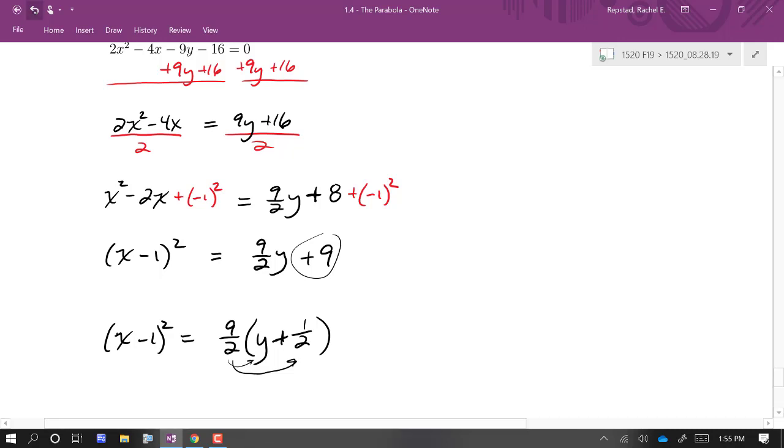So not a half. What do I multiply by 9/2 to get 9? 2. Yep. One way you could do that is take the 9 and divide it by what you factor out, 9/2. So here's your standard form.